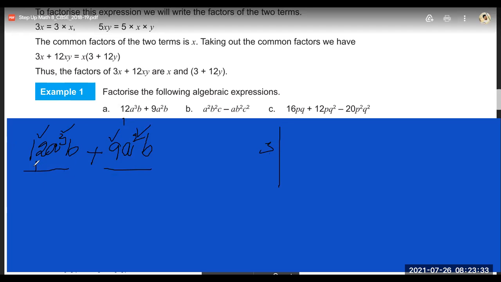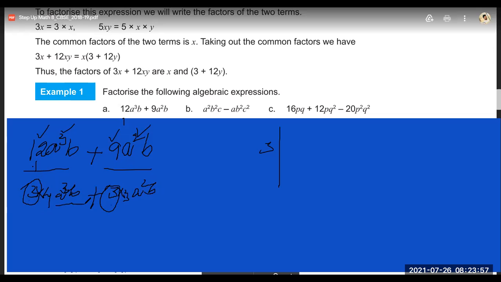We can write it as 3 into 4a cube b plus this 9 can be written as 3 into 3a square b. Now in these two terms we have 3, a common factor, so that can be taken common.